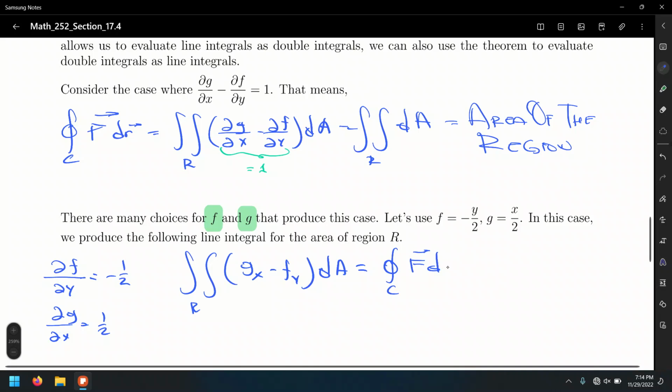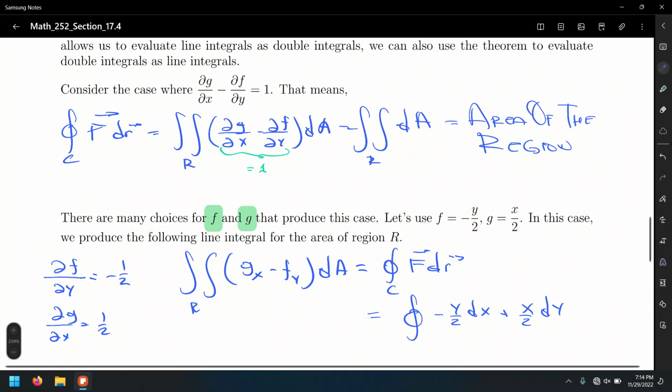This is the same as saying, in differential form, the integral of -y/2 dx plus x/2 dy. So we would be evaluating that line integral in order to get the area.